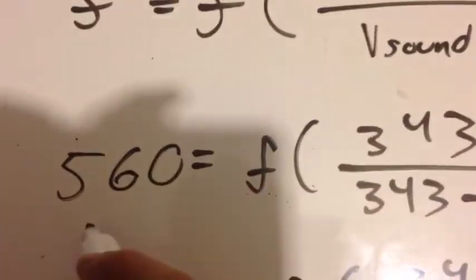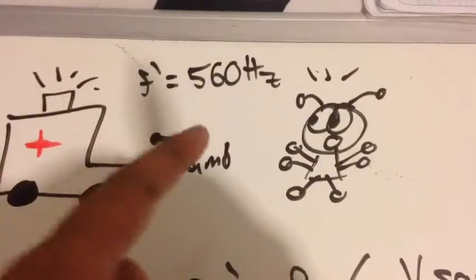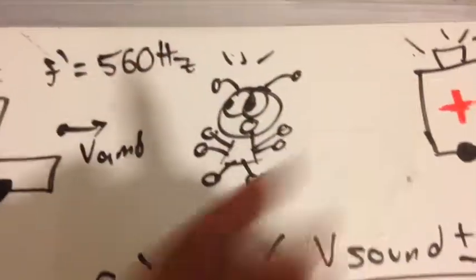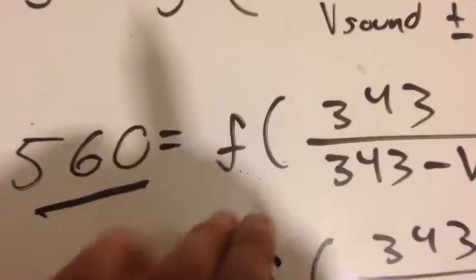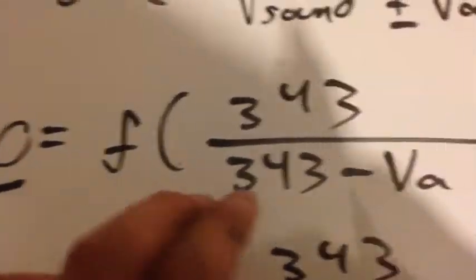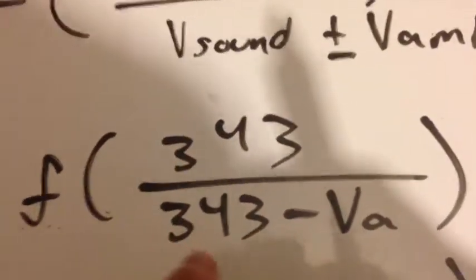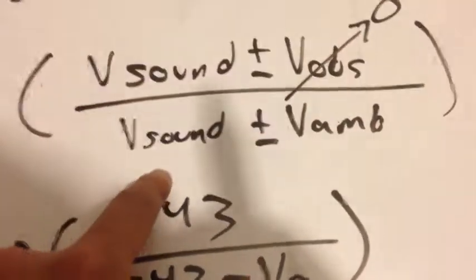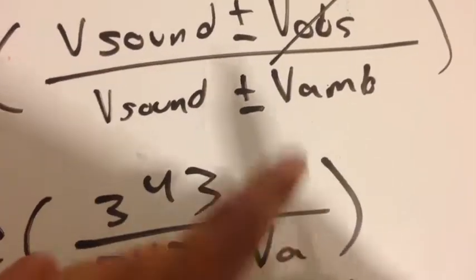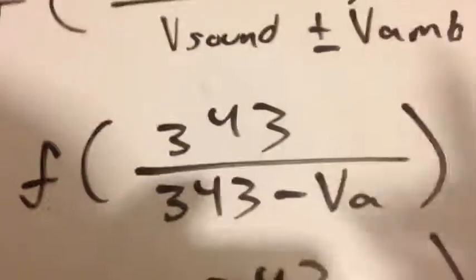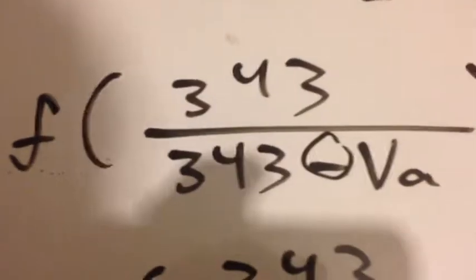Therefore we have our equations. The first is 560, the frequency you hear previous to passing you, equals the frequency which we don't know times 343, which is the velocity of sound, over 343, the velocity of sound, minus the velocity of the ambulance. The sign is minus because it's heading towards you.